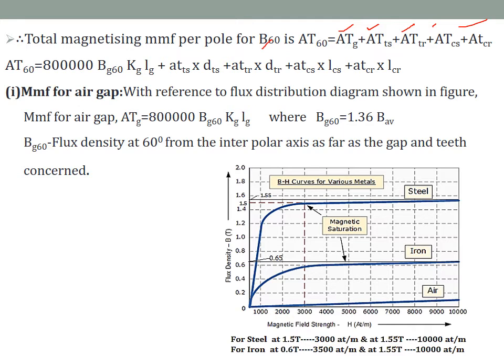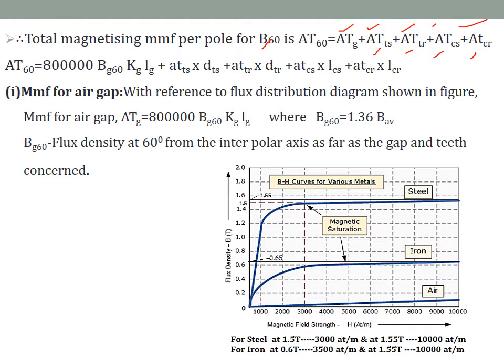That is, ampere turns required for the air gap, for the stator teeth, for the rotor teeth, for the stator core, and for the rotor core.